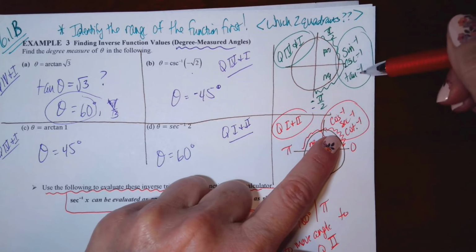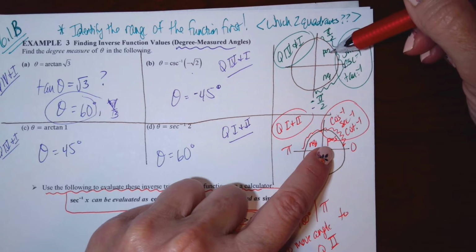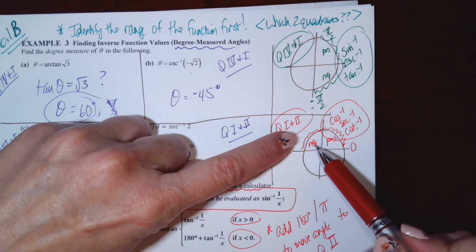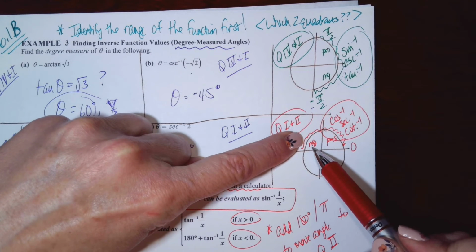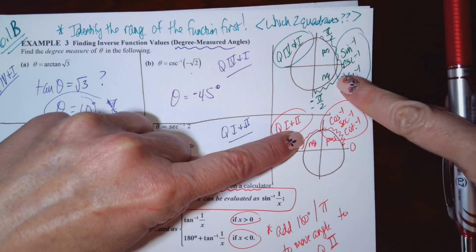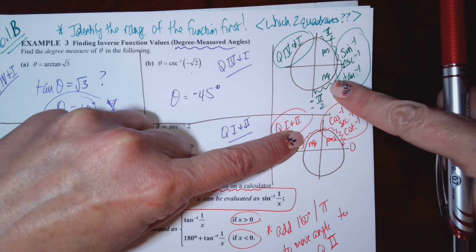cotangent inverse and tangent inverse are positive in the same quadrant, in quadrant 1. But if I'm given a negative cotangent inverse value, that shows up in quadrant 2. And if I have to use a negative tangent inverse function to evaluate it, I'm evaluating it down here in quadrant 4.